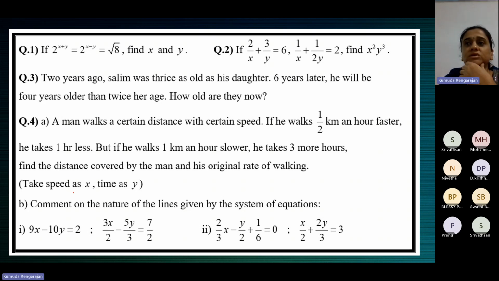Constructed the equation for the third one? Pratish, constructed the equations for the third one? Once you construct the equations, let me know.